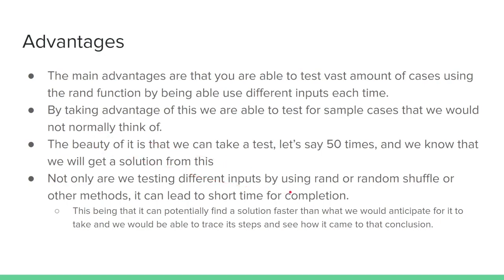It could always be potentially faster than what we would anticipate. Let's say we have a different algorithm that we may have completed, and we're thinking, well, this is the fastest we can get, but you implement a randomized algorithm, and it creates something faster, then you know that you're not done. You can always go back to it and refer back to what happened.